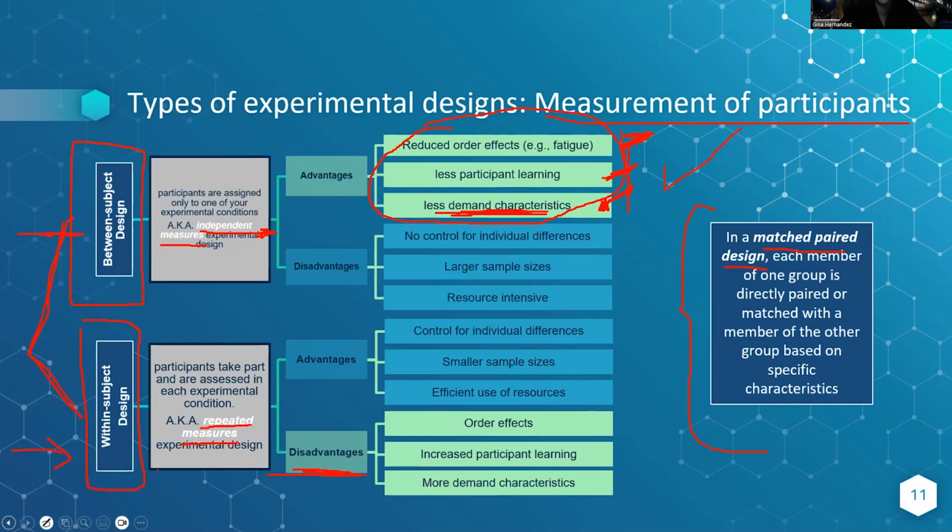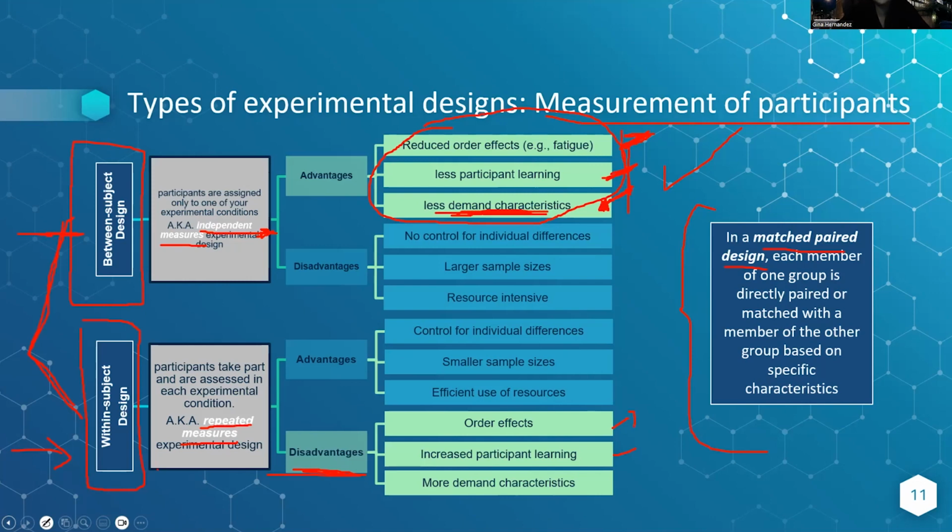So this is why this is great. Obviously, it is the opposite case if you are testing them twice or 3 times or 4 times. Obviously fatigue, obviously they can learn the experiment, and obviously order effects in the order you are testing them, and they can reply differently. So as you can see here, it's also a bit of a trade-off.